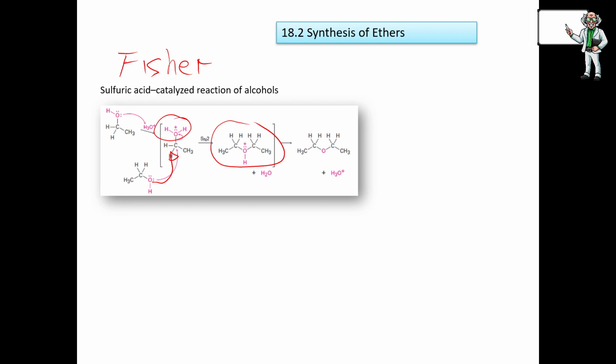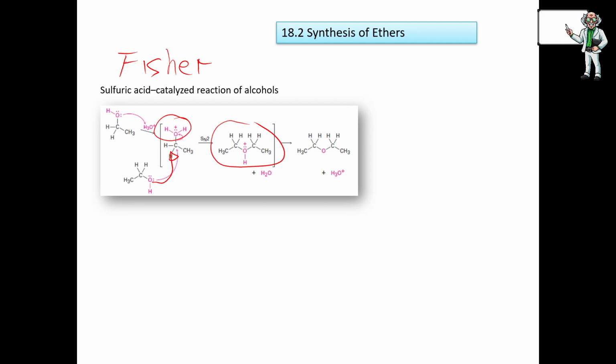As a general rule, when we have an organic compound that is charged positively, what we will do in the next step is lose a proton, a hydrogen plus, in order to generate the non-charged compound that is the stable compound at the end.